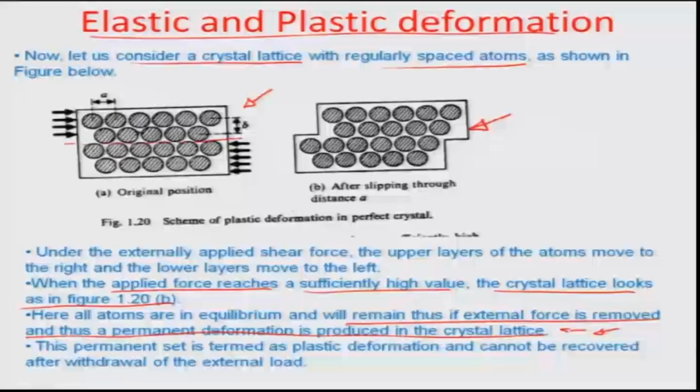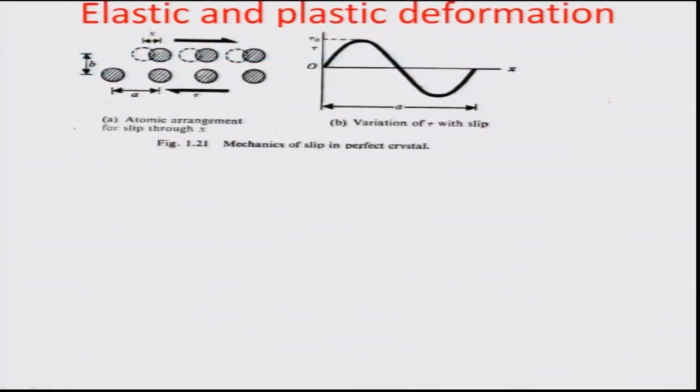So, if this slip happens of one plane over the other by some distance, it is non recoverable, and this is known as plastic deformation. That is how you can understand what atomistically is happening when we refer to different regions.